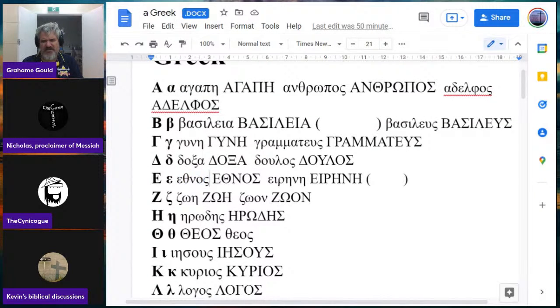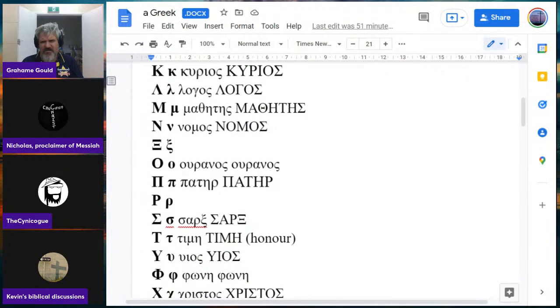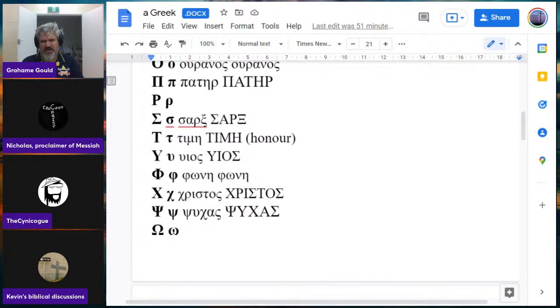Here's ethnos, where we get the word ethnicity, meaning a people group. And then gune, if I remember correctly, means woman. And anthropos, meaning human. So yeah, looking for words like that, and if you write them out, I think that helps as well.